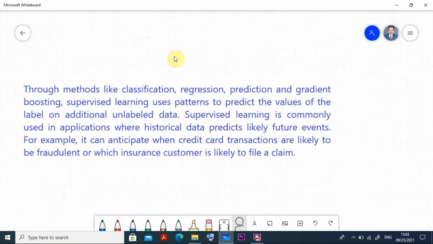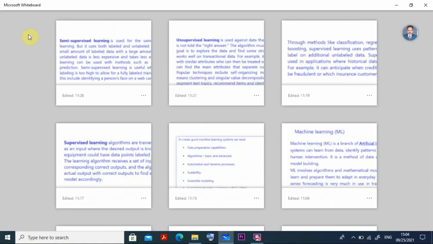Suppose for labeled data we know the output; for unlabeled data also it will be able to predict. Supervised learning is commonly used in applications where historical data predicts likely future events. For example, it can anticipate which credit card transactions are likely to be fraudulent or which insurance customer is likely to file a claim. All these things we can comfortably predict with this, right?